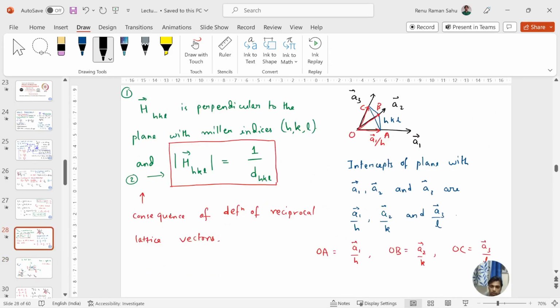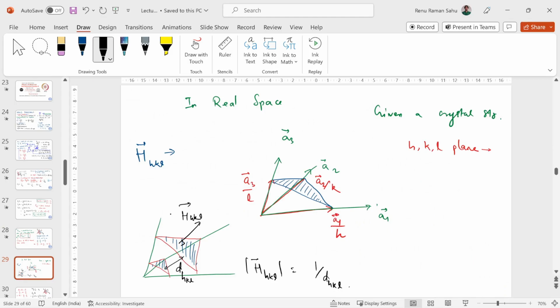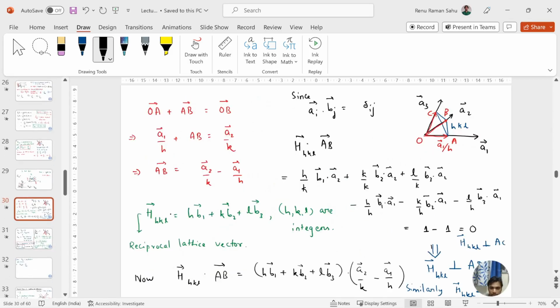And that turns out as a consequence of the fact that we have defined the reciprocal lattice vectors in that way. Now let us look at the validity of that statement. Here is the diagram that we have.